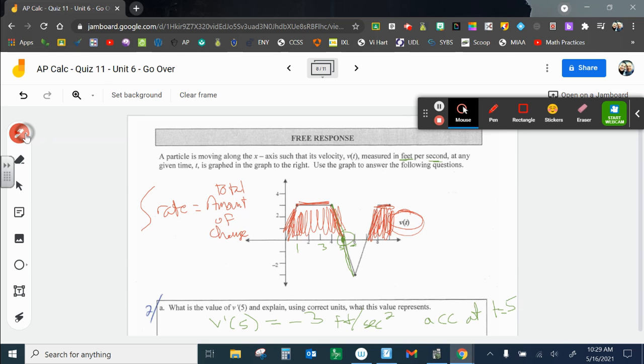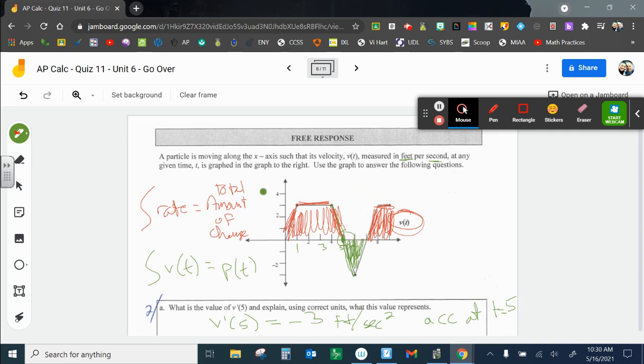Okay, and I can't forget this area right here is going to be negative, obviously. So this is the integral of velocity, and that equals the total change of the position function from 0 to 9. We're trying to find the net distance, and I shouldn't say the total distance, because the total amount of change, in this case, is going to be the net distance.